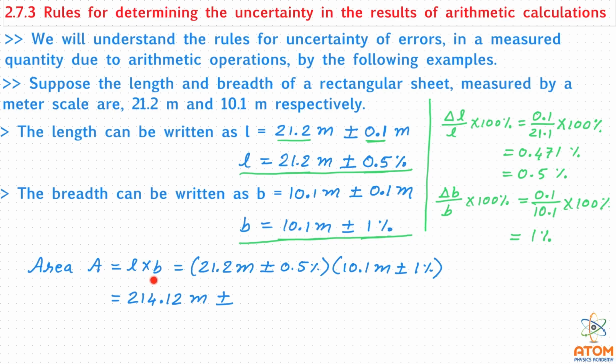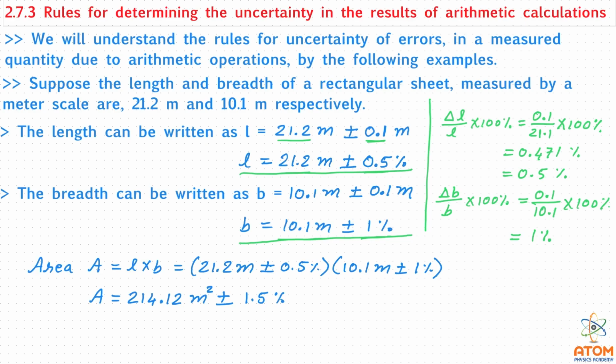So in case of multiplication and division, percentage error is also added. That's why I have to add them, not multiply. Adding 0.5 and 1, I can write 1.5%. So this is how we write the area: 214.12 meter square plus or minus 1.5%.